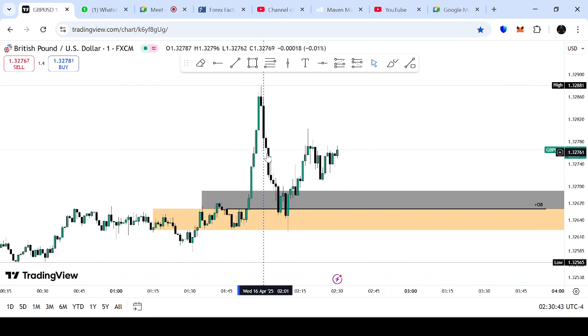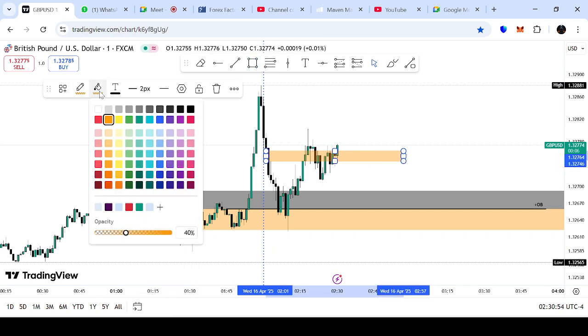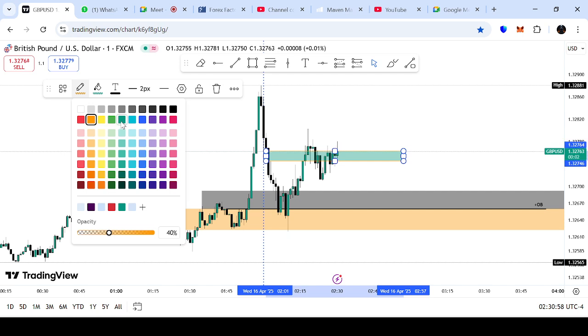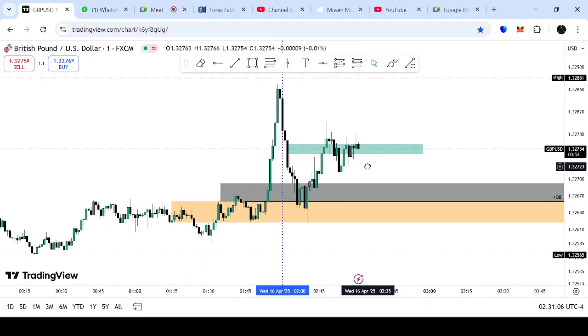Like to see price trade above, then this inefficiency here will turn to inversion. Start to turn to inversion. Have an inefficiency here too.